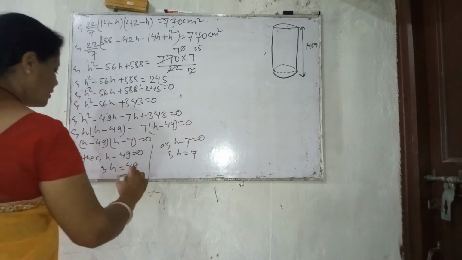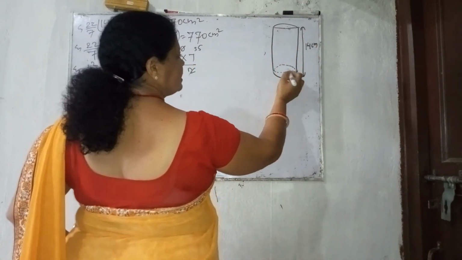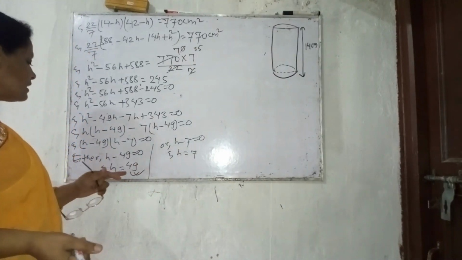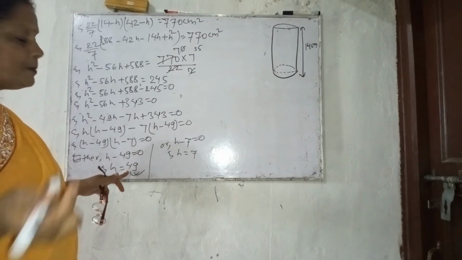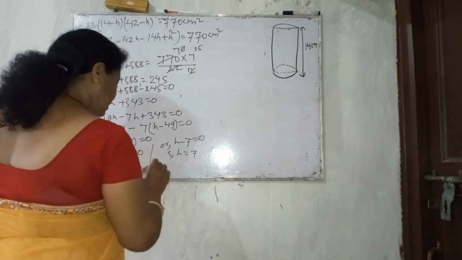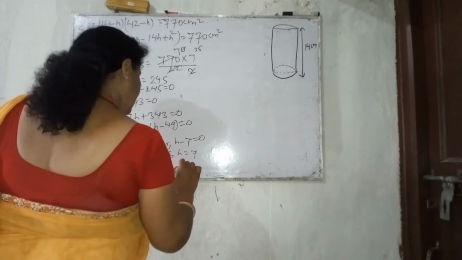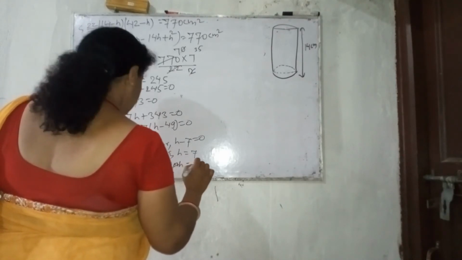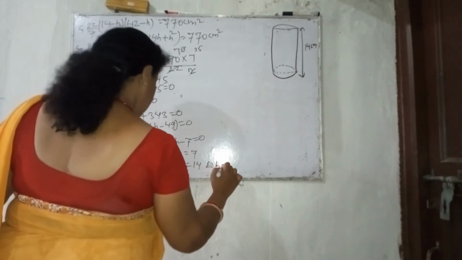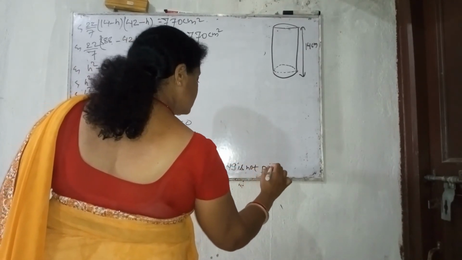Now this value h equals 49, because r plus h are both given only 14 centimeter, and if we take h equal to 49, it's not possible. So here we can write that r plus h equals 14, so h equal to 49 is not possible.